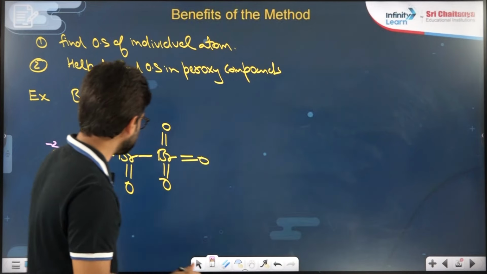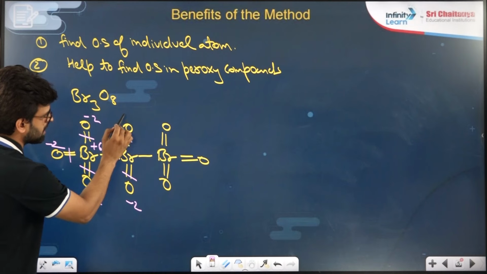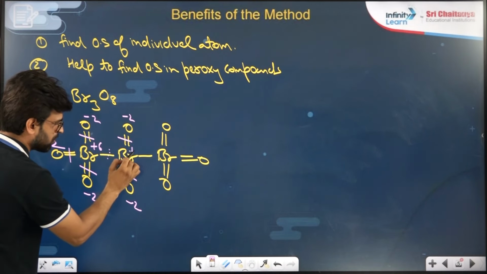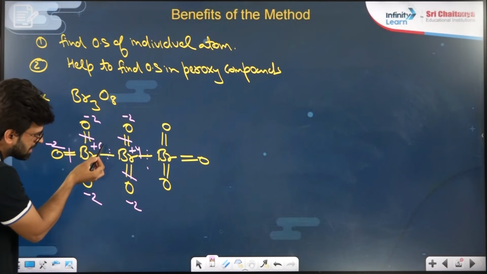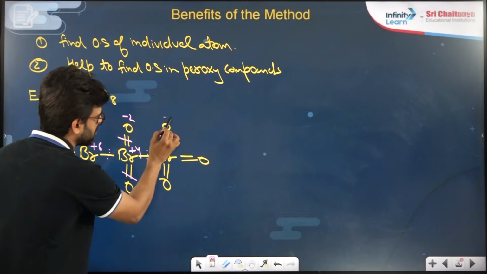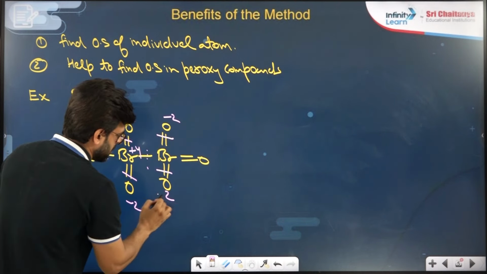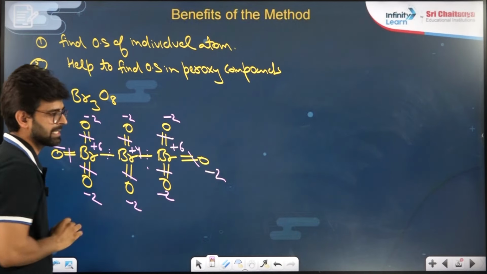Similarly here, I am breaking this bond, -2 here, -2 here. My bromine got overall +4, because this bond is giving 0, 0. This bond also 0, 0. Now from here, I will break this -2, and -2. So this bromine got +6.